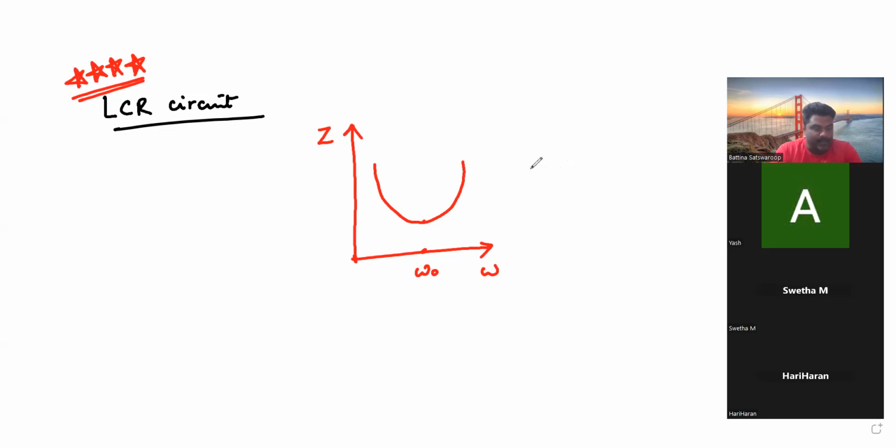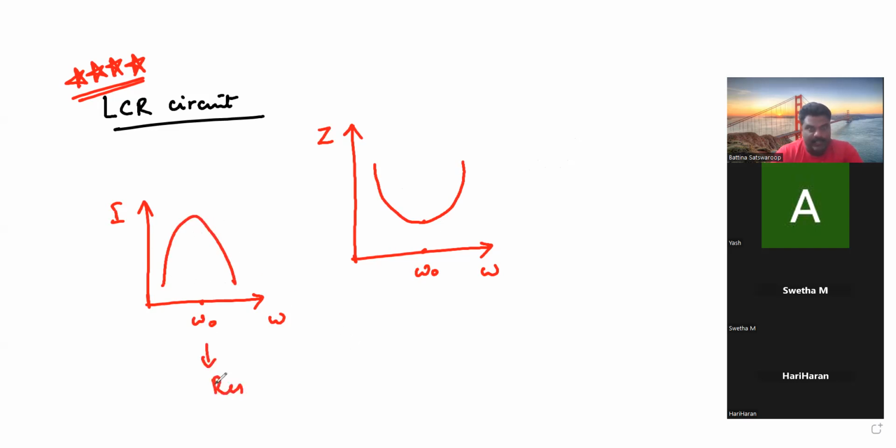Okay. Next, I will draw for current and frequency. At resonance, it will reach the maximum point. Inverted parabola மாதிரி நினைச்சுக்கோங்க. So this is nothing but resonance frequency.